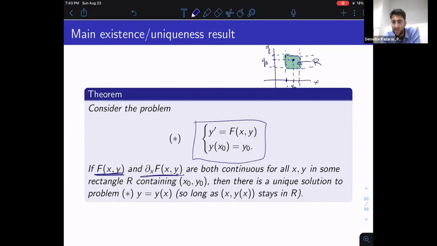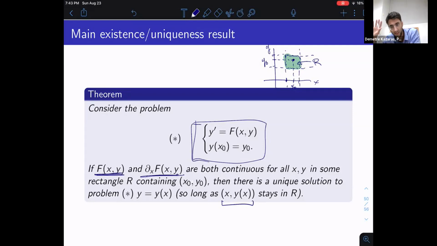So you get existence, and it will be unique, so long as you stay within the rectangle. So long as the point x comma y of x stays within the rectangle, then this equation will specify a unique solution.